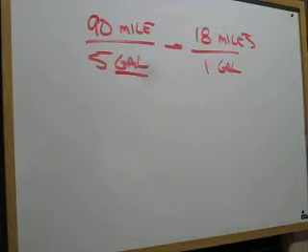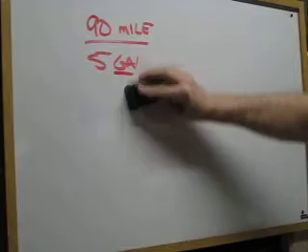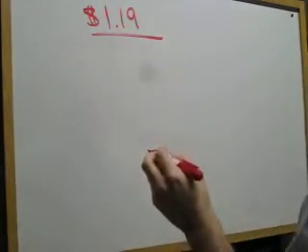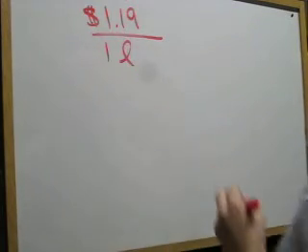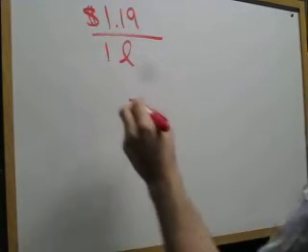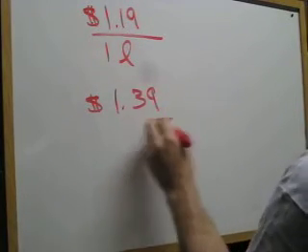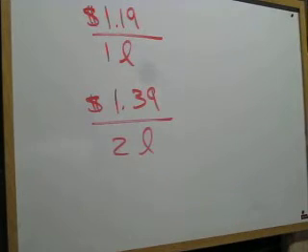Which brings us to what they call unit pricing. Whenever we use the word unit pricing or anything with the word unit in it, we're looking at getting the denominator to be 1. So for example, if we have a 1-liter bottle of Coke for $1.19, and let's say that we have a 2-liter bottle, and we want to compare the prices on those two.